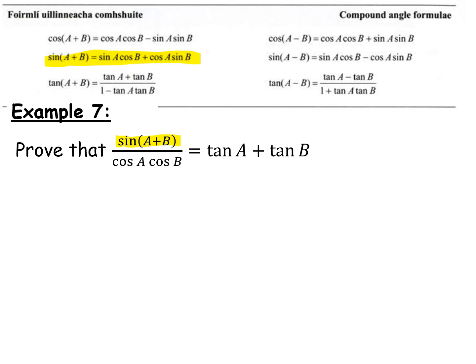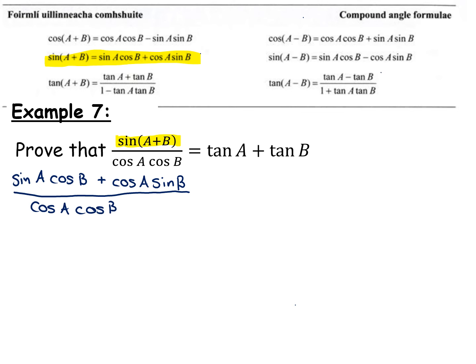So let's work that out. So this is going to be the sine of A cos of B plus cos of A sine of B all over cos of A cos of B. And what I'm going to do now is I'm actually going to separate that into two fractions.